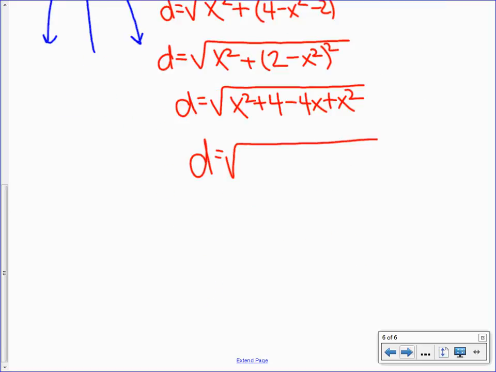Just some nice algebra here. So we have 2x. Okay. So we have x to the fourth minus 3x squared plus 4.